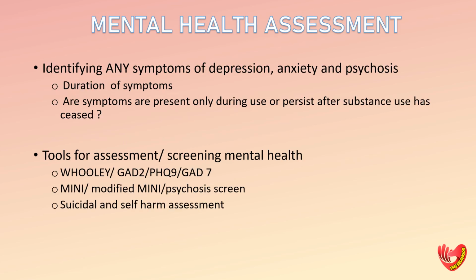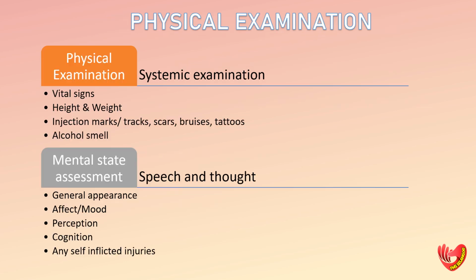A mental health assessment should include any previous family history of psychiatric disorders, any current symptoms of depression, anxiety, or psychosis, as these are common comorbids with the majority of patients with substance use disorders and would determine treatment options as well.